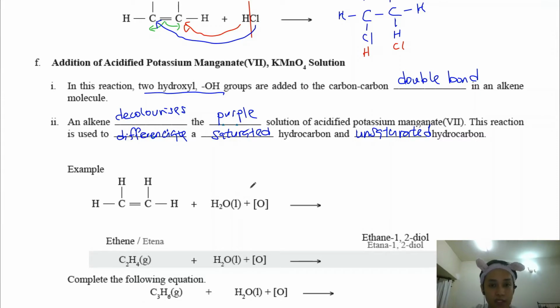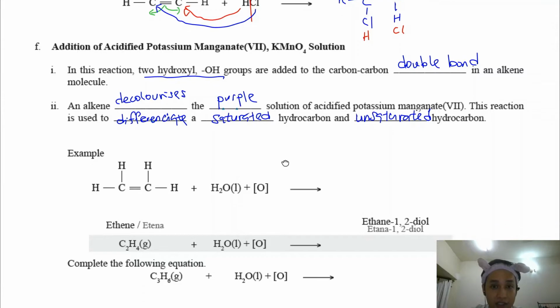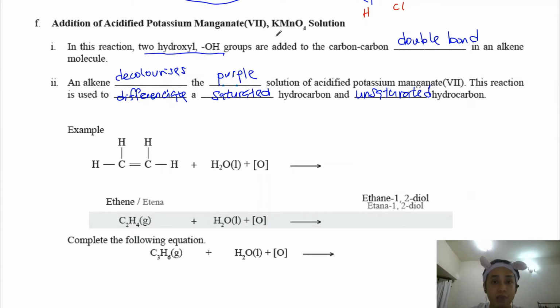As I said earlier, the purpose of the potassium permanganate here is only to supply the oxygen. Therefore, if you look at the equation here, we don't write the KMnO4 because it does not play a part in your reaction. What is going to happen here is that you are going to add in two hydroxyl groups, two OH groups, coming from here.